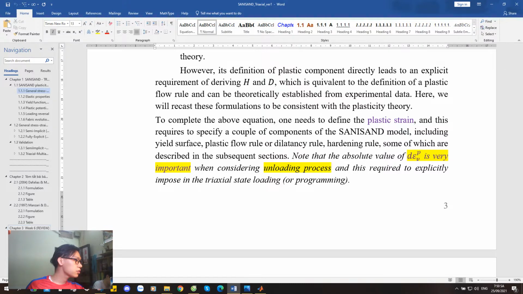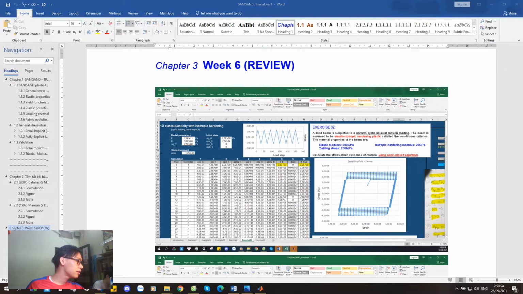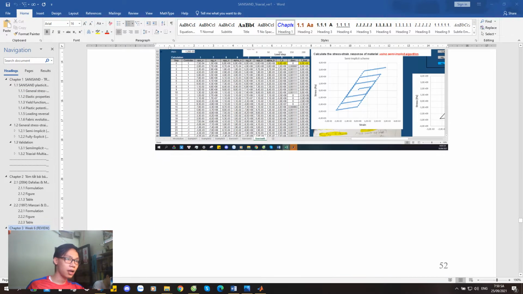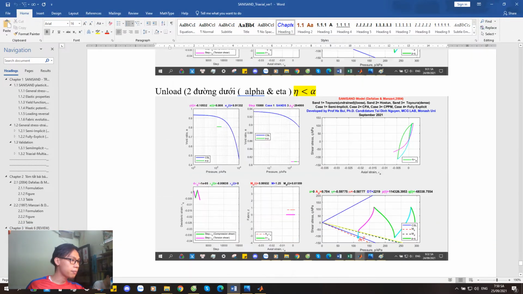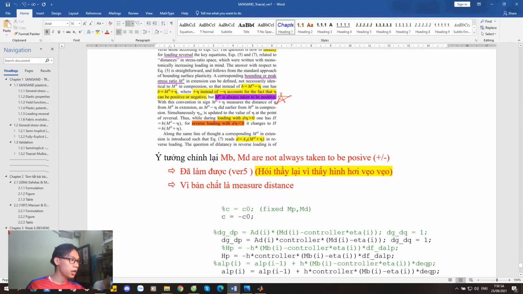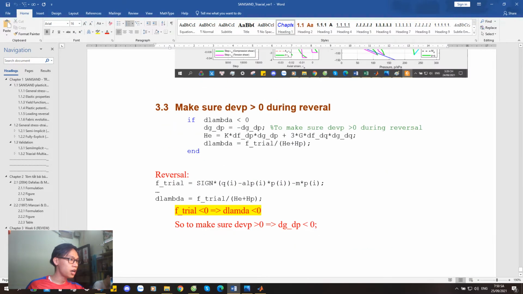Okay, maybe I have to tell you this now. When a cyclic loading happens, something happens here. Why do we have to make sure ε_v^p is positive? We have dλ always equal to f trial over the sum of K_e and K_p.